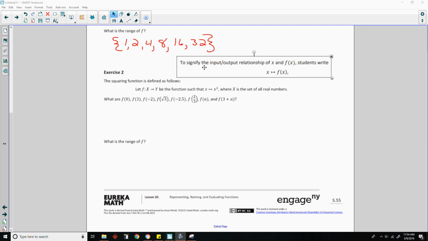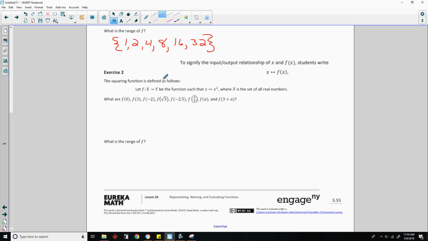To signify the input-output relationship of x and f of x, students will write x and then this arrow f of x, which just really means that a value in the domain will be mapped onto the output f of x or y in the range. So they just use this arrow to say x is mapped to.